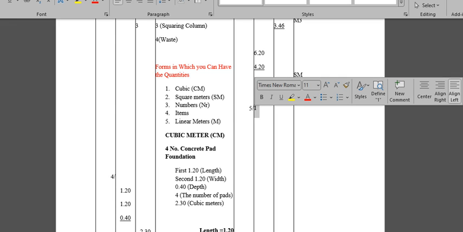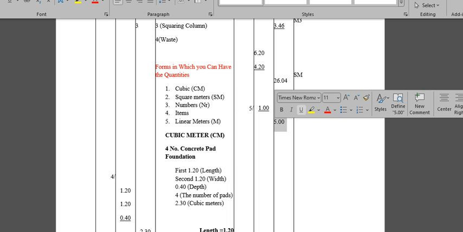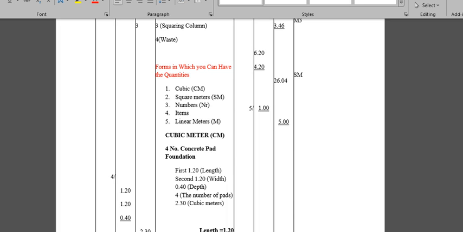In this case you have to underline, because whatever you are expressing is already complete as a dimension as it is. So the 1 times 5, then in your squaring column you need to have the 5.00 in that case. So you have that well expressed. So this one, the unit is the number, okay.